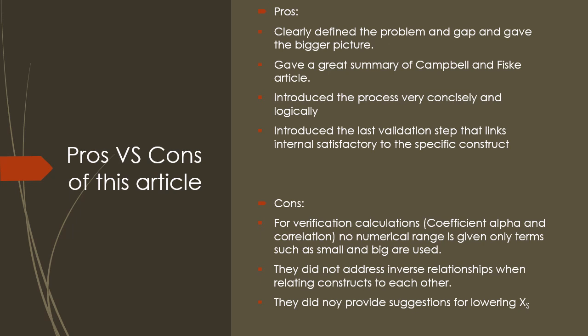So the very last step is when they related construct A and B in the very last step of the validation. The term relate is very, very general. And again, I do believe if they gave maybe some type of example on the type of relationship, are they expecting an inverse relationship or a direct relationship?